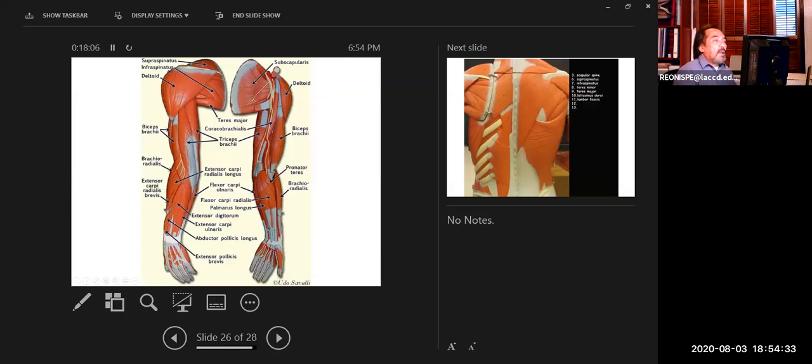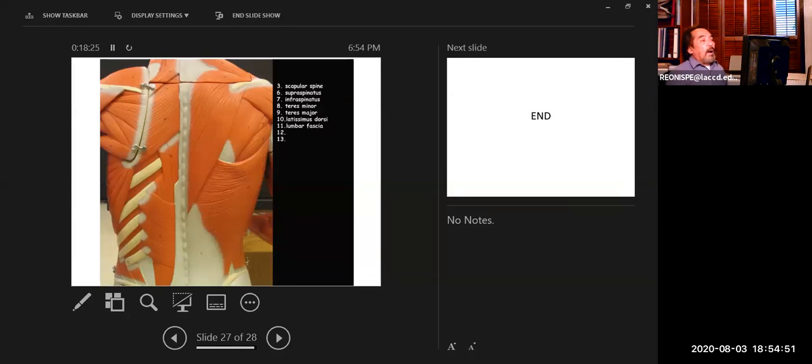Okay, so again, biceps brachii is here. And you can see the coracobrachialis here. All right, so infraspinatus.